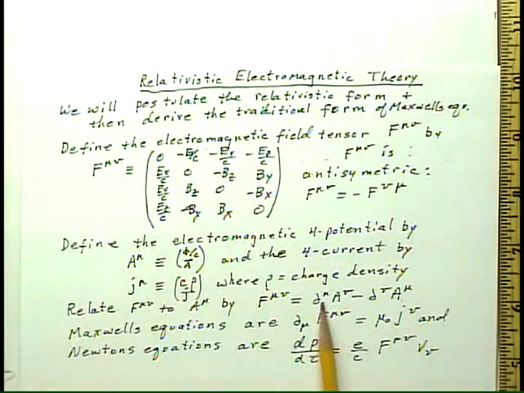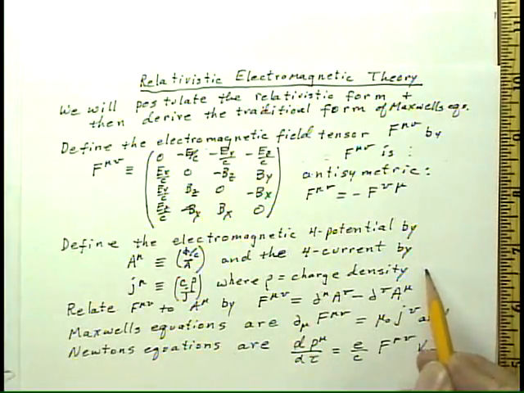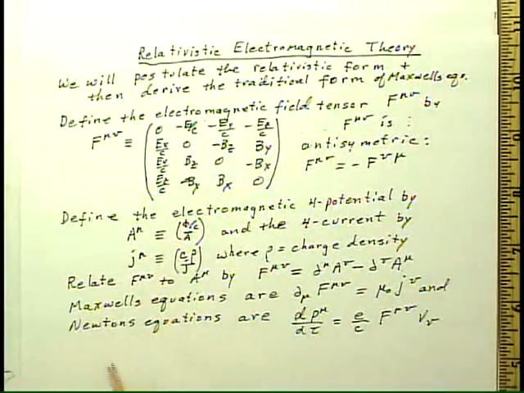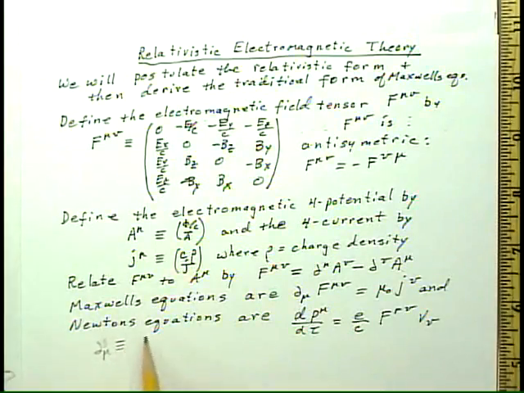Now this partial mu right here, I should comment on. The partial with a lower mu is actually defined as the partial with respect to x upper mu.